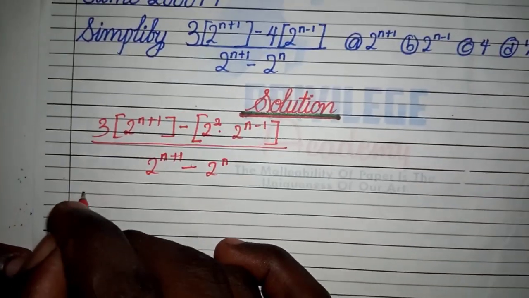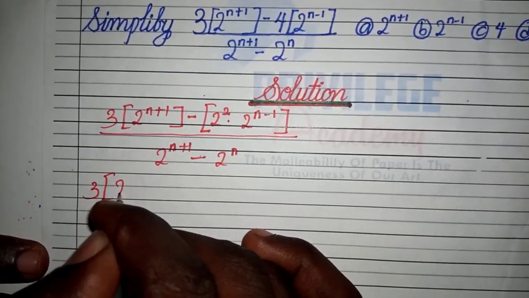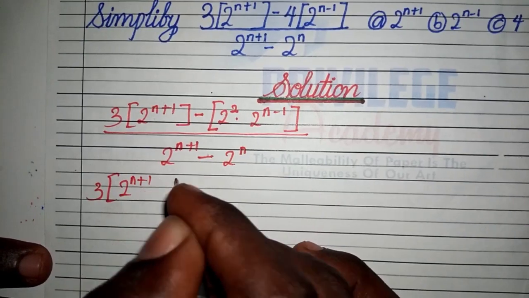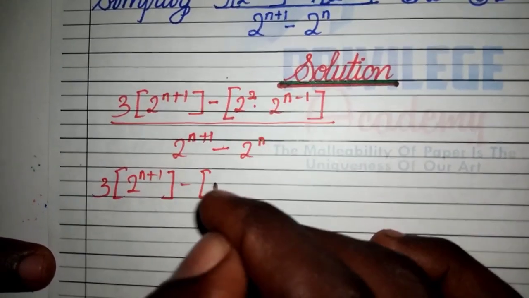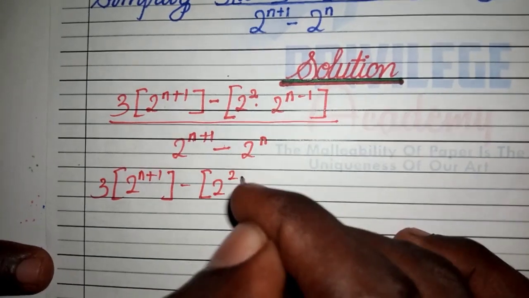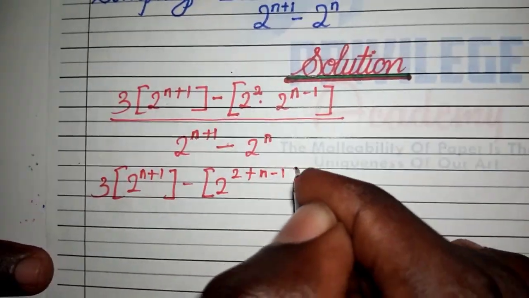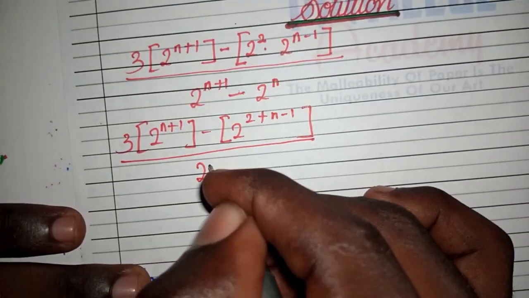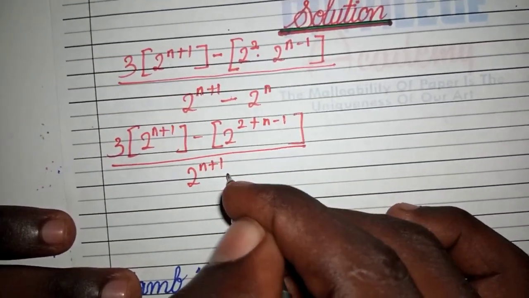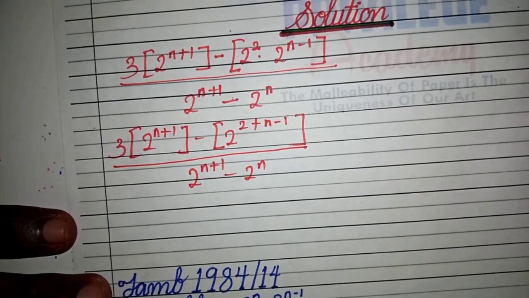Then this should become 3 into 2 to power of n plus 1 minus, this should be 2 to power of 2 plus n minus 1 divided by 2 to power of n plus 1 minus 2 to power of n.